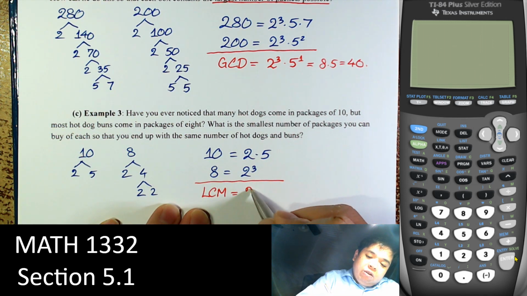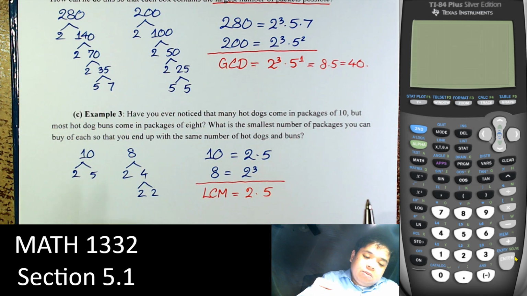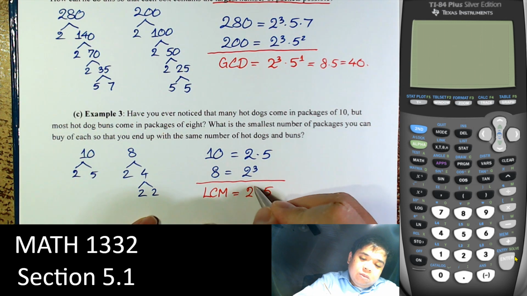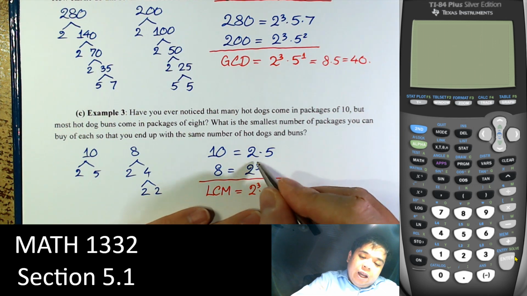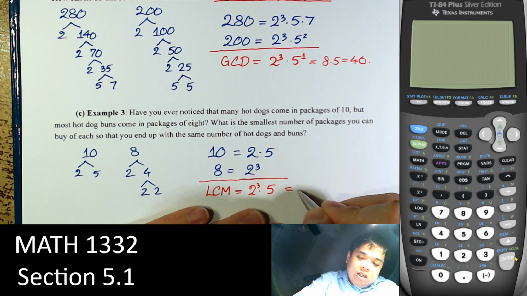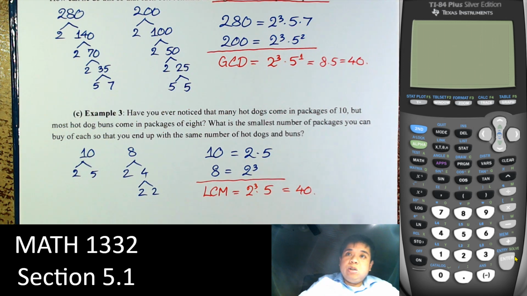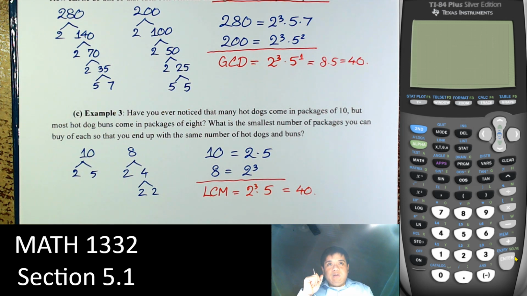We choose every factor of 2, every factor of 5, and to the highest power. So 8 times 5, 40. So we need to have 40 buns and 40 hot dogs, meaning 4 packets of hot dogs and 5 packets of 8 buns.